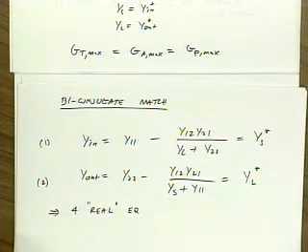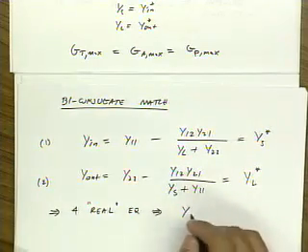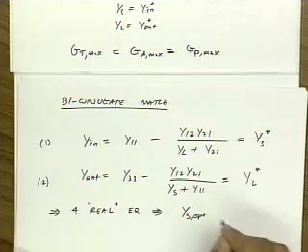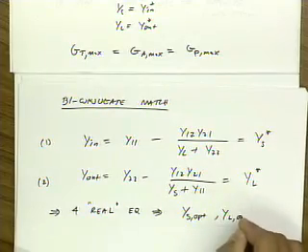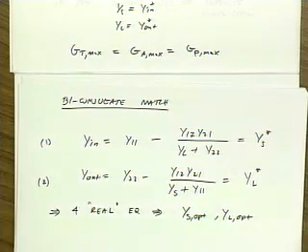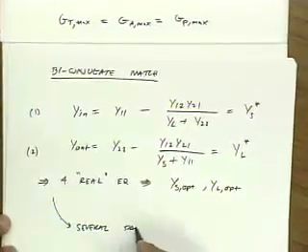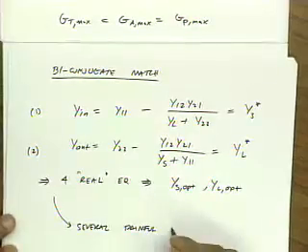because these are complex quantities, and we can solve for the unknowns: YS opt, real and imaginary part, YL opt, real and imaginary part. You can do that, and what you'll find is several painful pages of algebra.